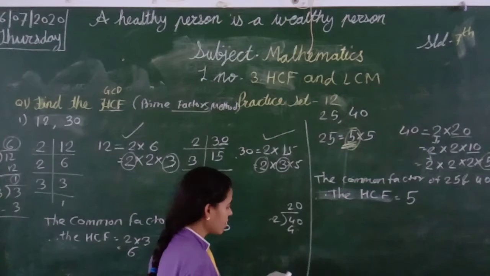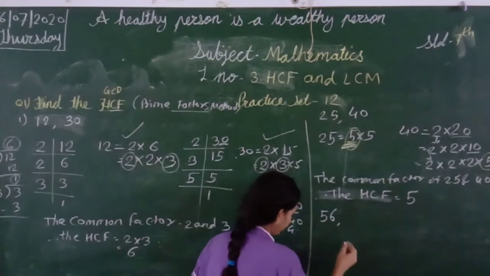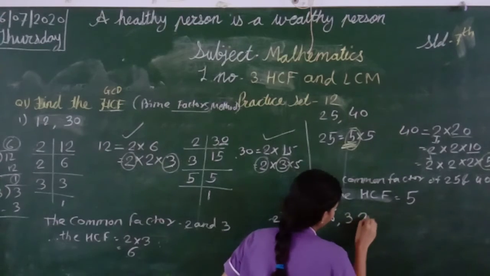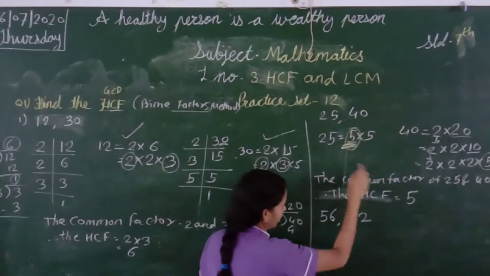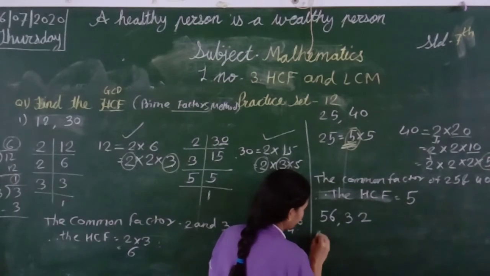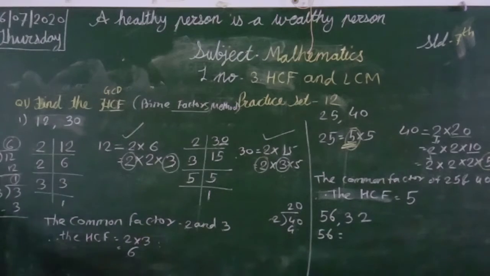Now students, you will see the next one. Which one? 56 and 32. Now students, take out the common factors. Now 56. First which one?